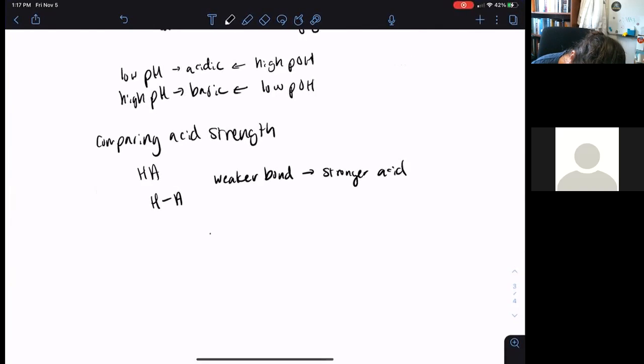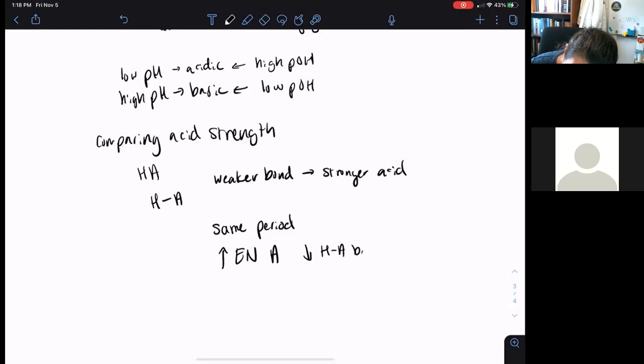So, specifically if we are in the same period, as we increase the electronegativity of A, we're going to decrease the HA bond strength, and we're going to increase the acid strength.